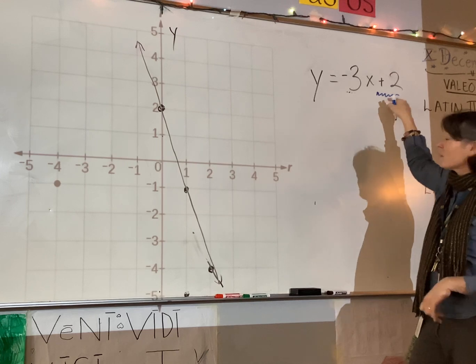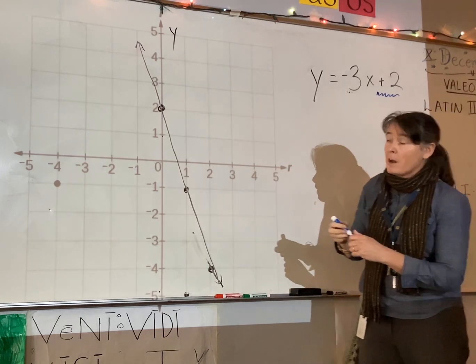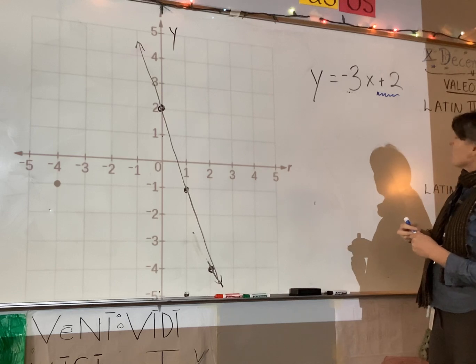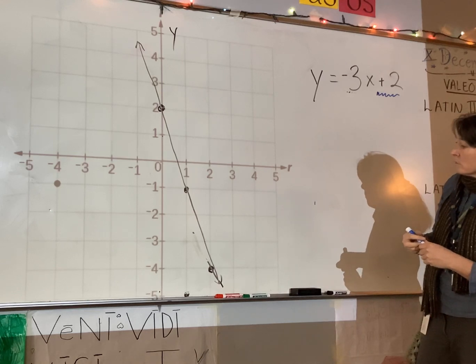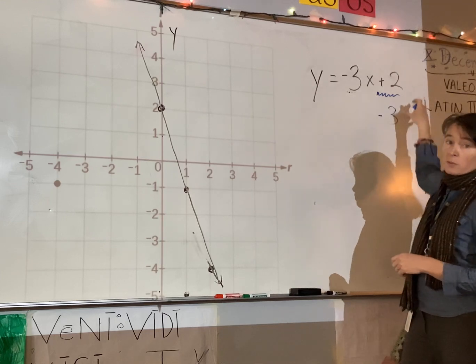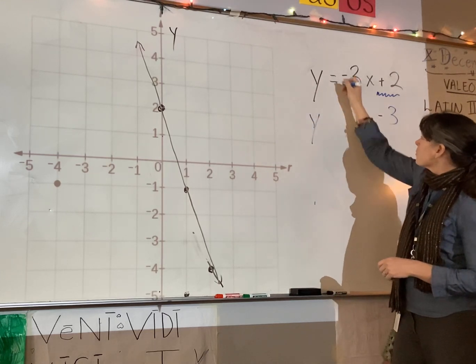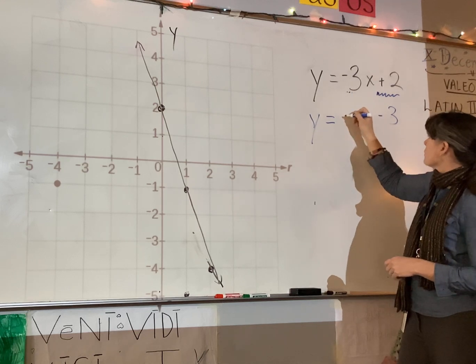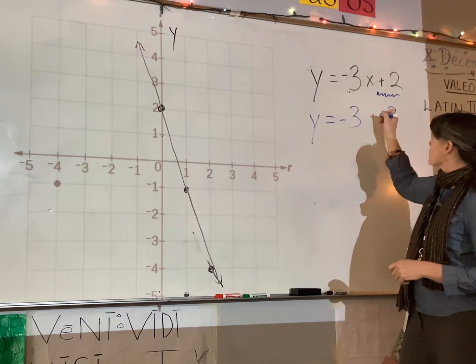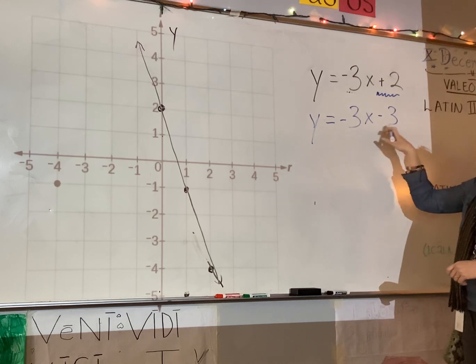Pick anything you want as long as it's not +2, not the same, and it fits on your graph. So for ours, let's go with -3. So we're going to rewrite the equation just with -3 in place of +2. Bring down the y, bring down the equal sign, bring down the -3x. So we have this equation, y equals -3x minus 3.